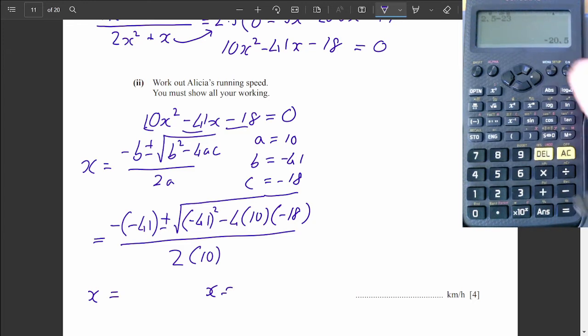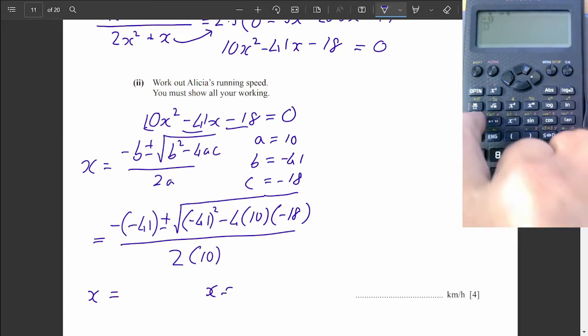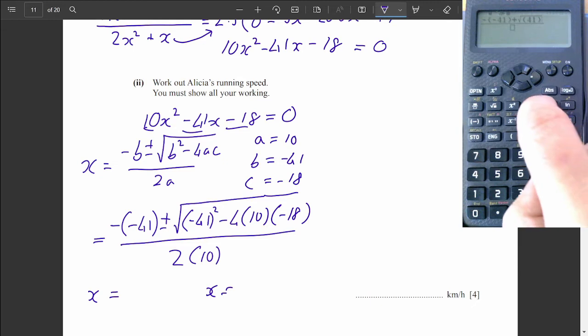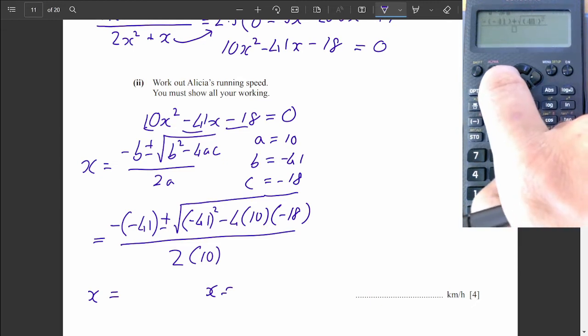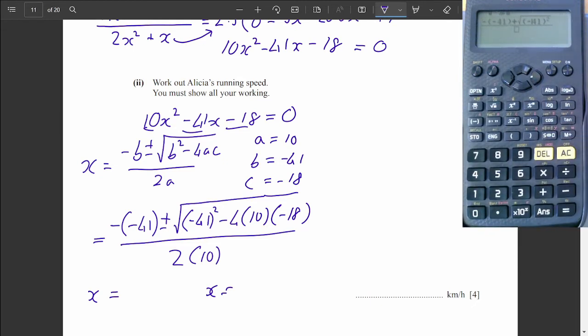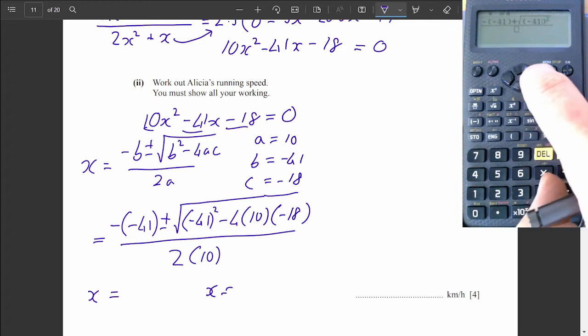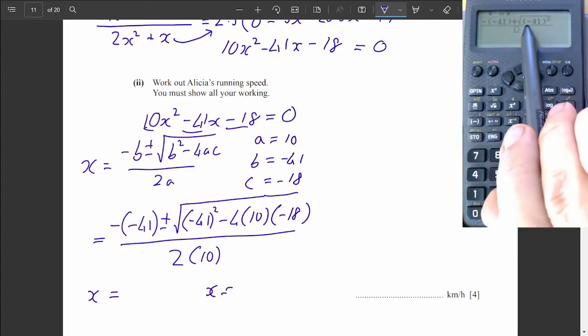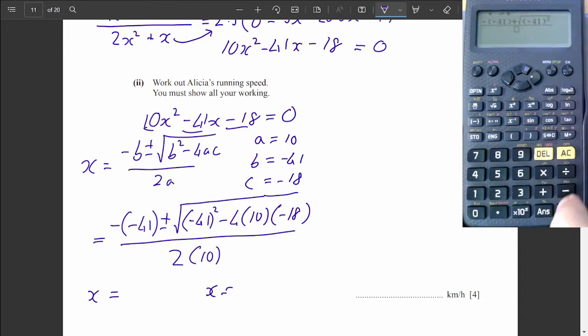So let's go for it. Fraction, negative, bracket, negative 41. Let's start with the plus, square root, bracket 41, close bracket, square. Actually, if you leave the negative out here, it will work because squaring a negative gives you a positive. If you do put the negative, make sure you put it inside the bracket and you put the square outside the bracket.